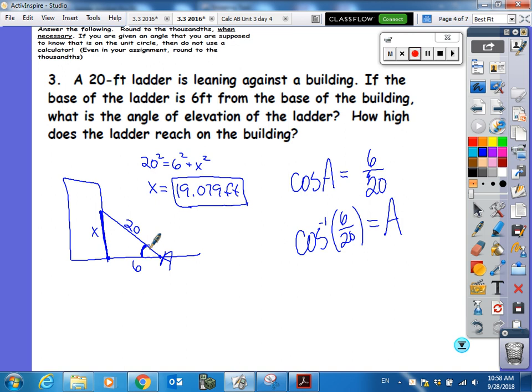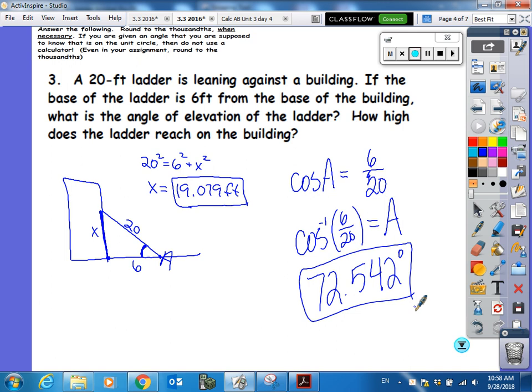You just have to read the problem and see where you're standing or wherever the thing is you're looking from or to or at. So when you solve this, you should get 72.542 degrees. Again, these word problems are always going to be in degrees unless it states otherwise.